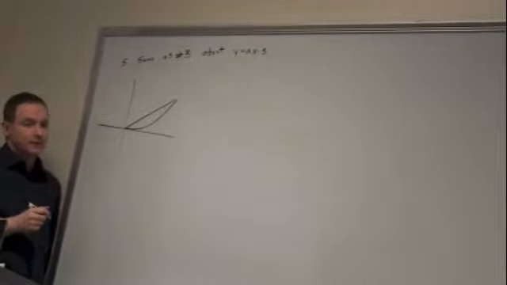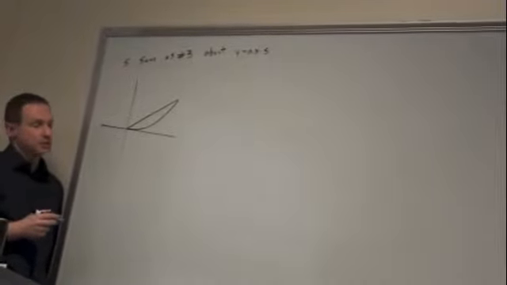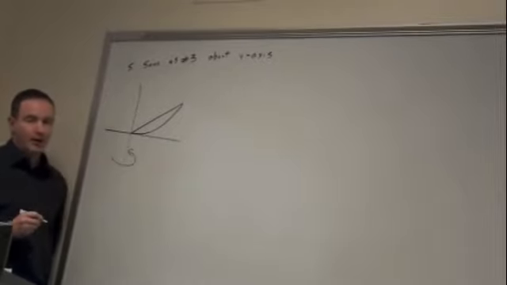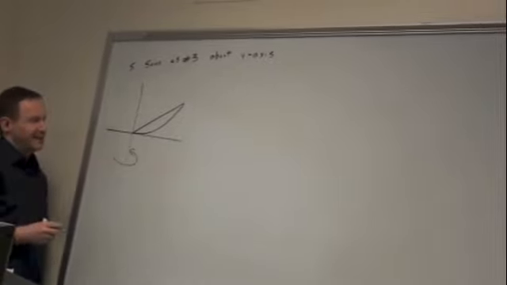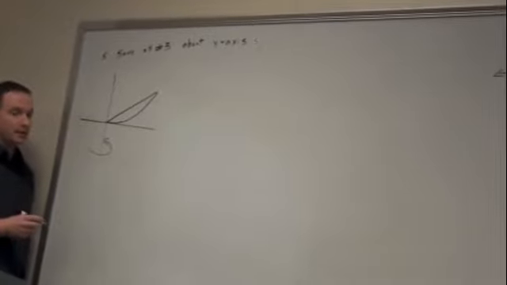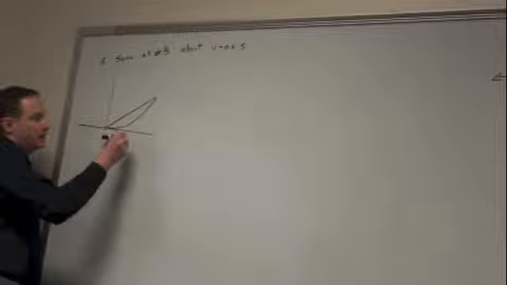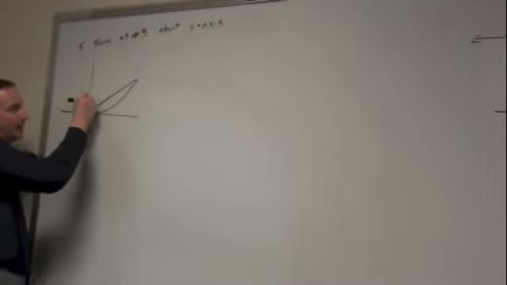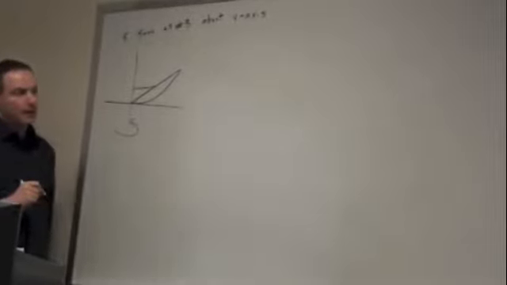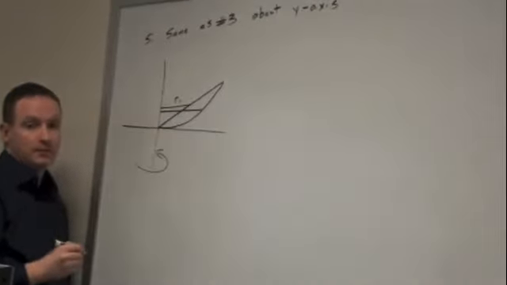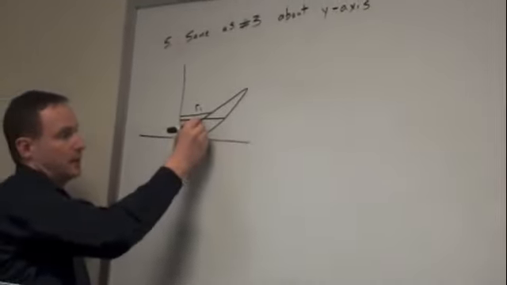I want you stressing over the rotation. So in this case, rotating about y. Now if I'm rotating about the y-axis, my interior radius is going to be that one. I'll always call my interior radius R1. The exterior radius is going to be the parabola. That's going to be my R2.